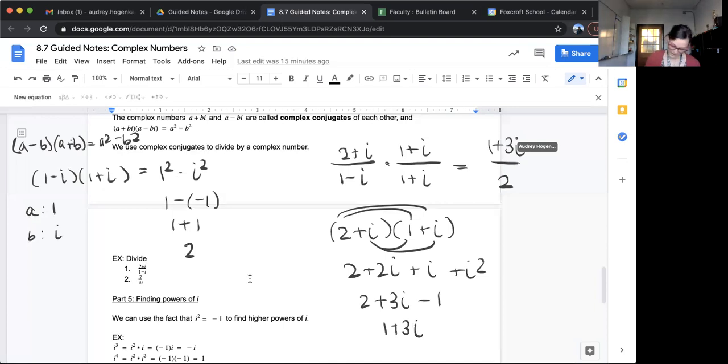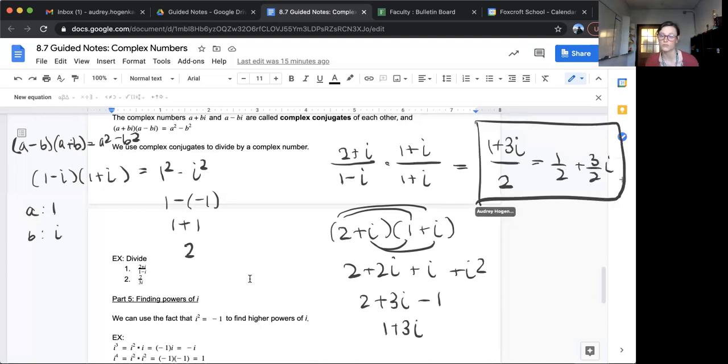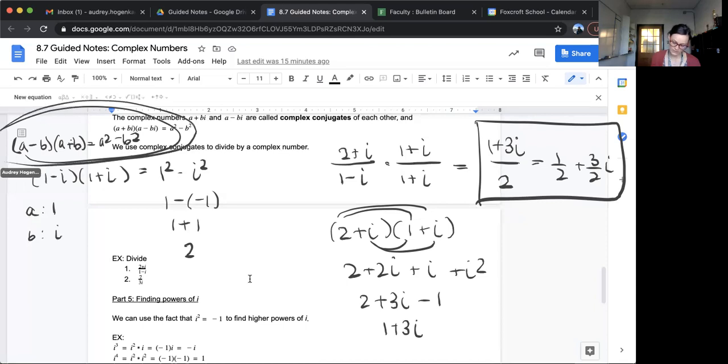And you could also write that as equal to 1/2 plus 3/2 i. Those are equivalent statements, so your answer could be in either form. Okay, so dividing just relies on using that property right here, the difference of squares, which has really come in handy for us, and then just remembering how to FOIL these complex numbers.